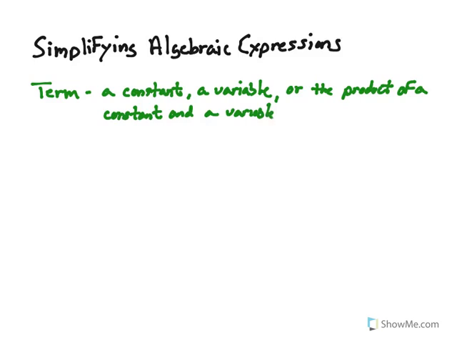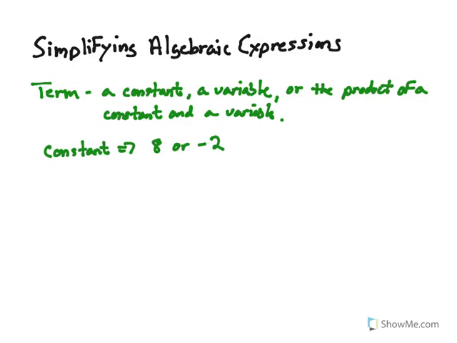Okay, so let me give you an example of all this. These are examples of terms. The first one was a constant, so that would be, for example, 8 or negative 2. That would be a term. 8 is a term, negative 2 is a term.